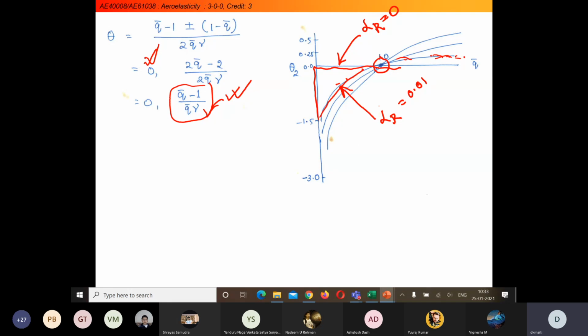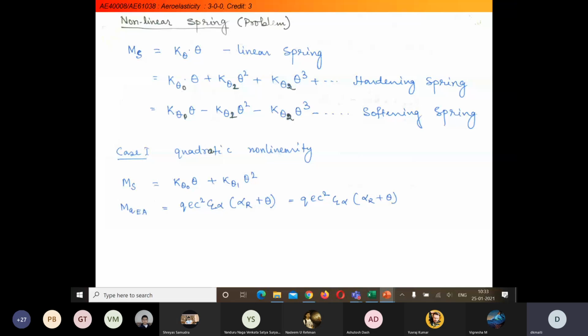Theta has two roots: one is theta equal to 0, which lies on this x axis. This is the line. Another root is all these roots. I'll come to the concept of stability later. Let me first give the idea of this nonlinearity.